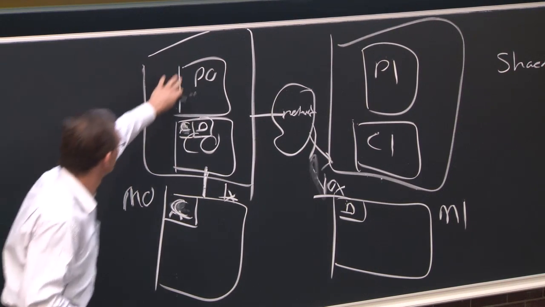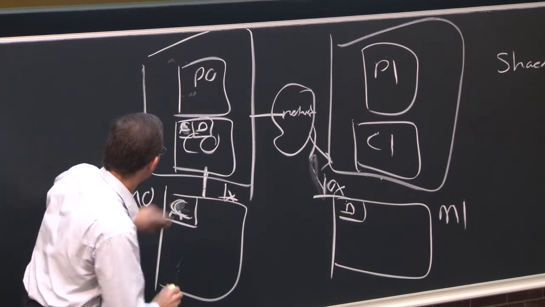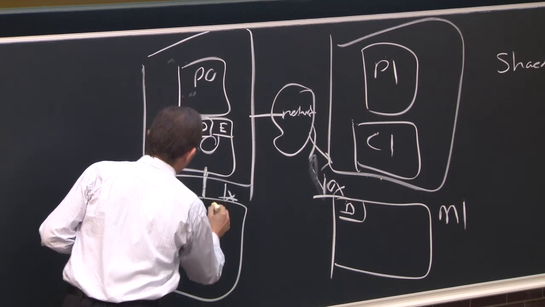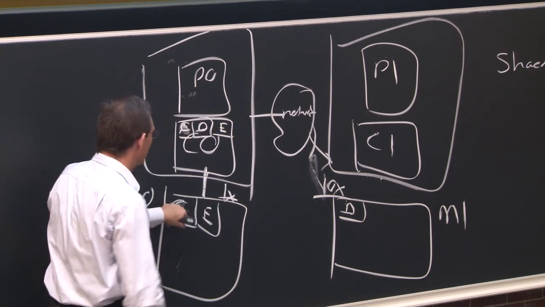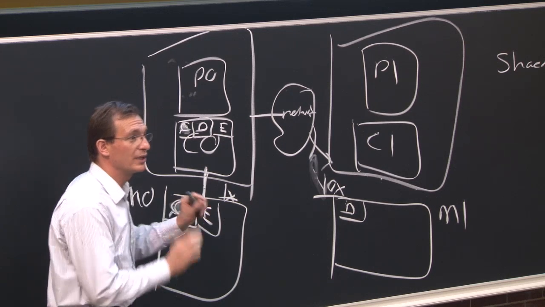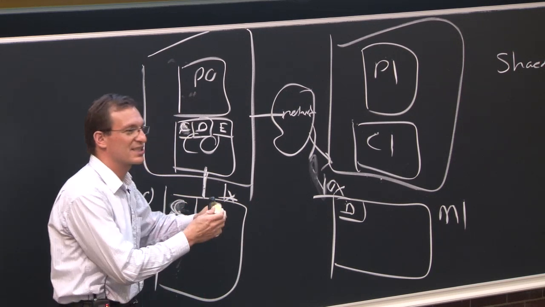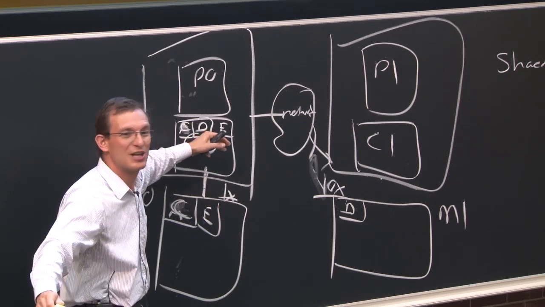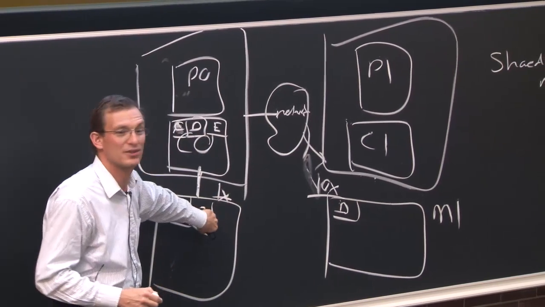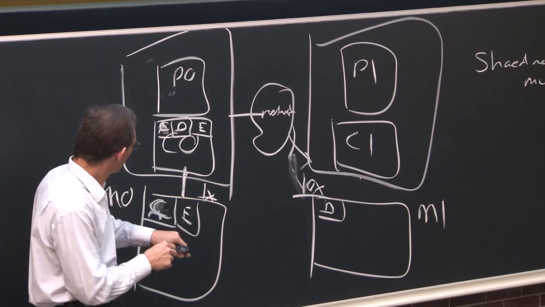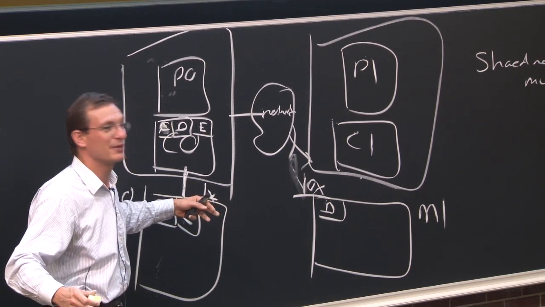Even within a single processor, let's say you're getting C and E from here, it may be that when you fetch C, you only fetch C. Whereas when you fetch E, you fetch 10 other cache blocks. So you overlap the latency of the fetch of E, which means that if you miss on E, there are other misses that are going to happen anyways, right?